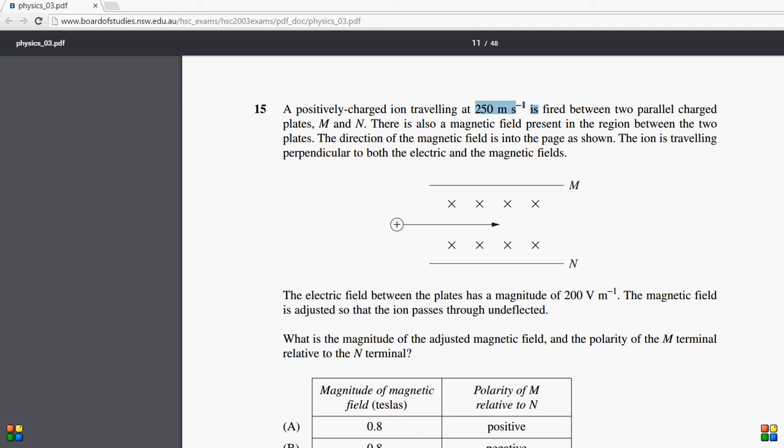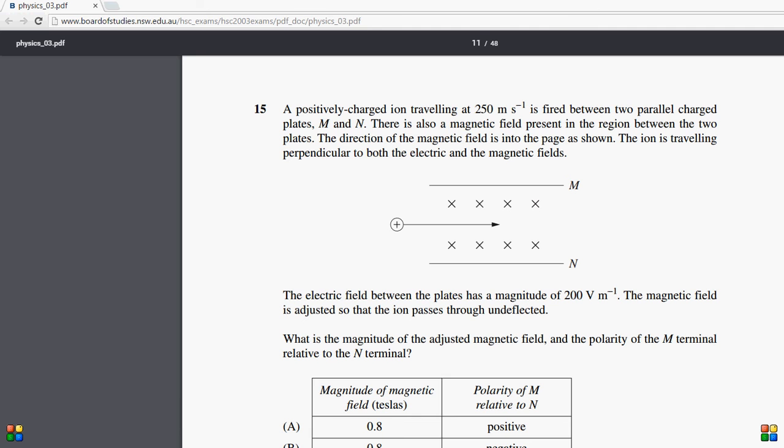The ion is traveling perpendicular to both the electric and the magnetic fields. The electric field between the plates is 200 volts per meter. The magnetic field is adjusted so that the ion passes through undeflected. What is the magnitude of the adjusted magnetic field and the polarity of M terminal relative to N terminal?